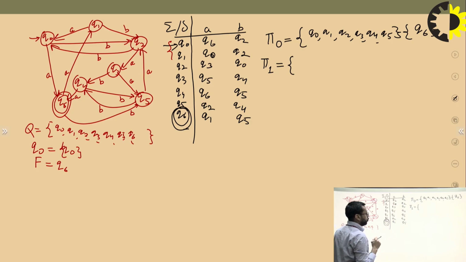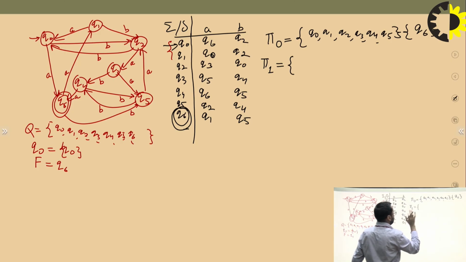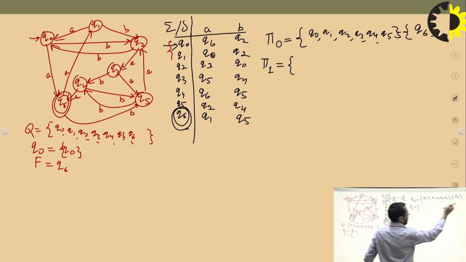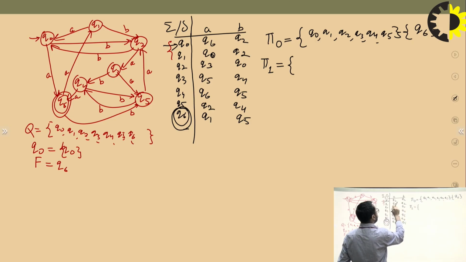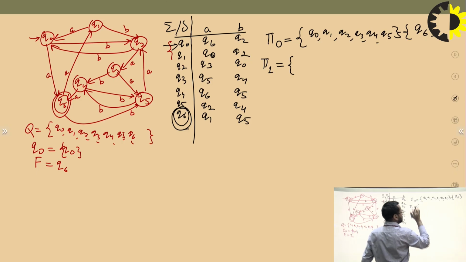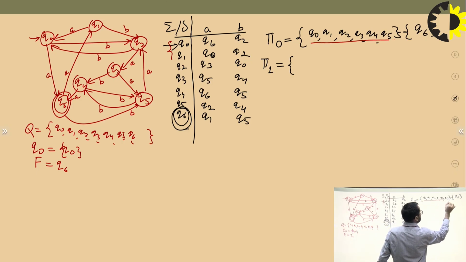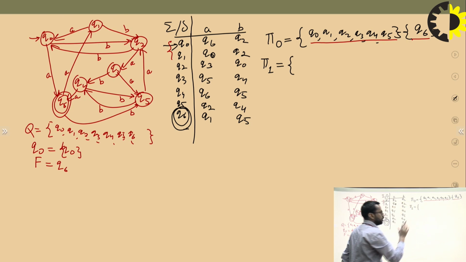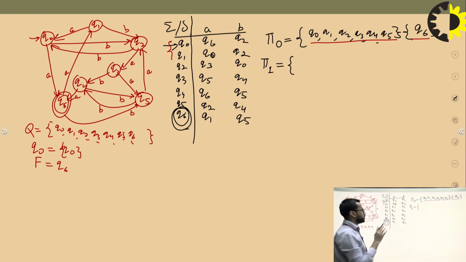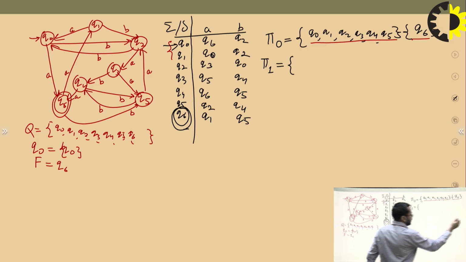Q6 and Q naught are the next states for input symbol A. Q6 exists in this set and Q naught exists in this set. Basically, these are two different sets. If the next states exist in two different sets, we place these elements in different sets.